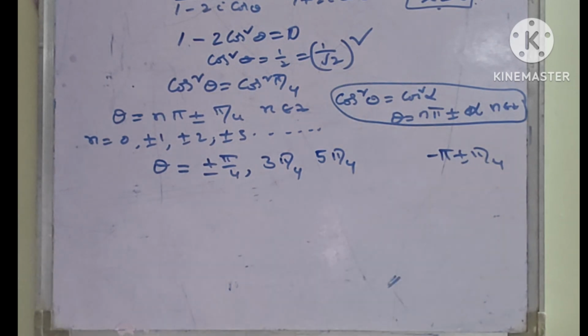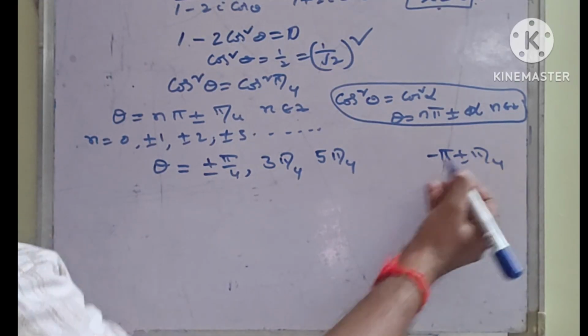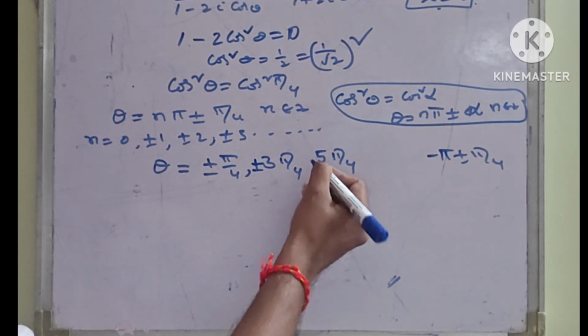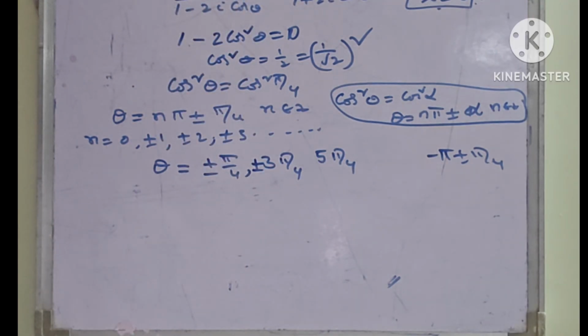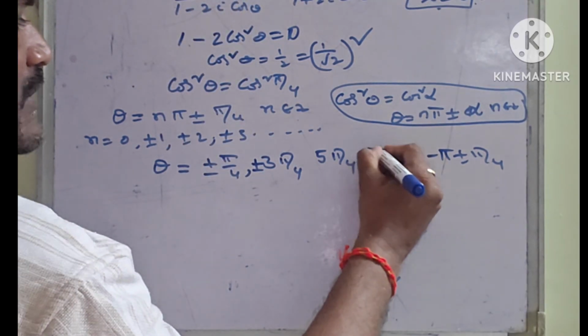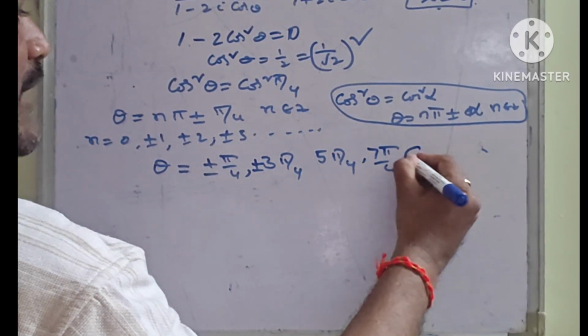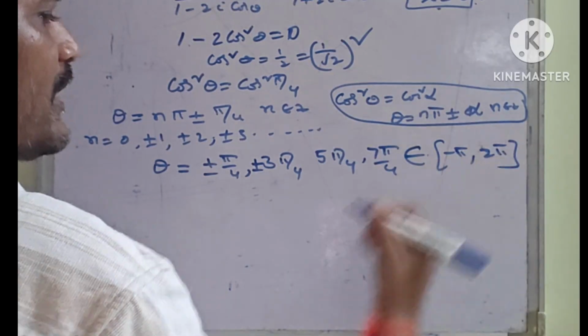Now n is equal to minus 1: minus pi plus or minus pi by 4. So minus 5 pi by 4 and minus 3 pi by 4 do not exist in minus pi to 2 pi, so minus pi by 4 and 7 pi by 4. So these are the values that lie between minus pi and 2 pi.